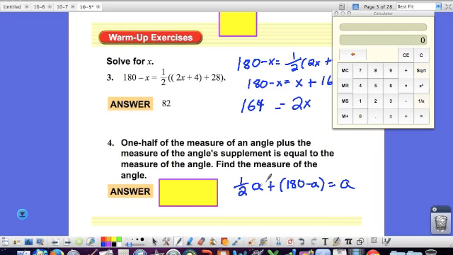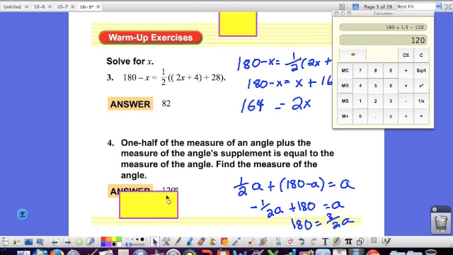So 1/2 of A minus A is negative 1/2 A plus 180 equals A. If I add a half to both sides, that's like 180 equals 3/2 A, or 1.5. 180 divided by 1.5 is 120.